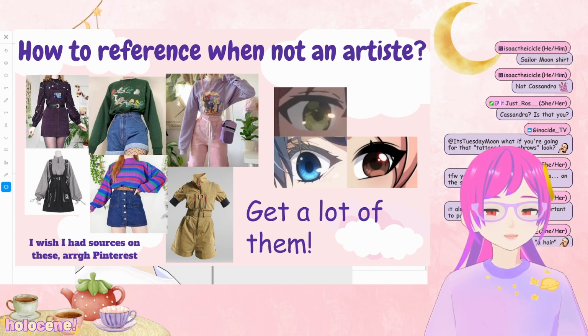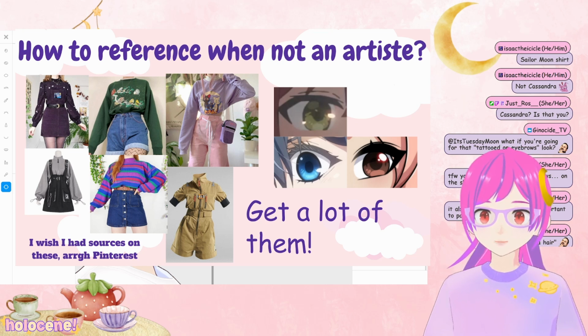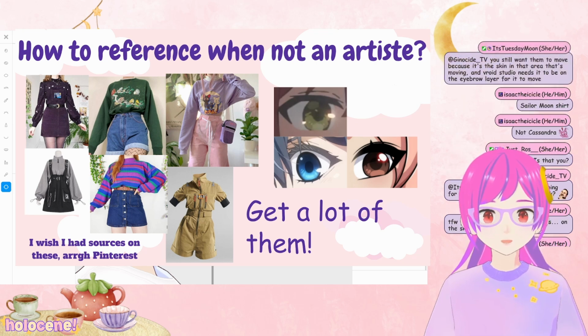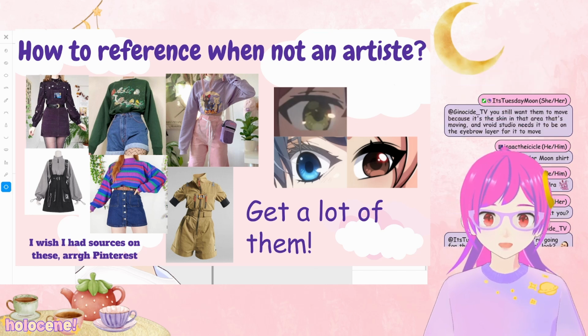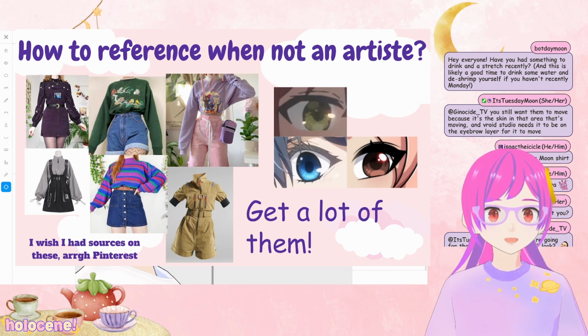Yeah, Sailor Moon shirt, exactly. I found myself gravitating towards shorts and a sweatshirt and pastels. And that was what I used to start trying to figure out what proportions I wanted in VRoid Studio. And that helped a lot. So I think even if you, and actually the one on the right is a reference I'm going to be doing coming up for personal practice.